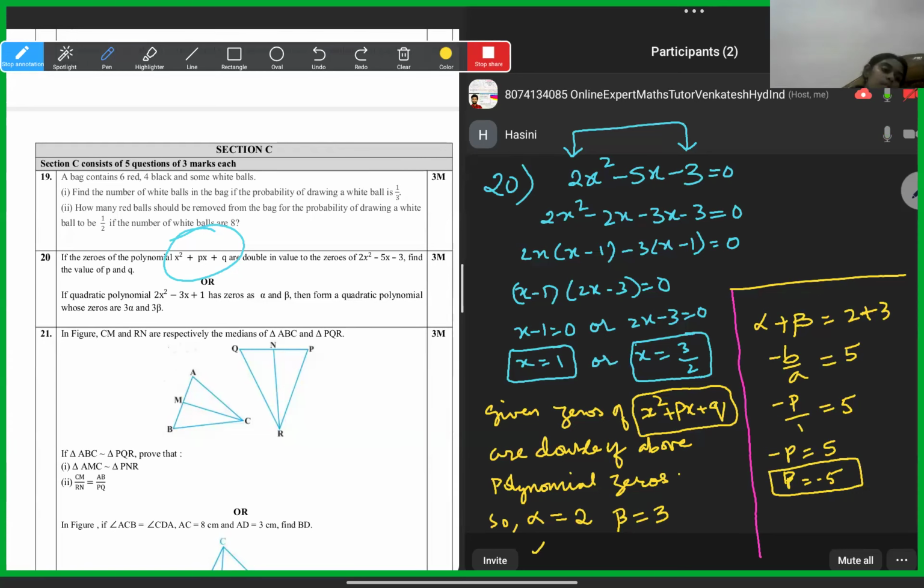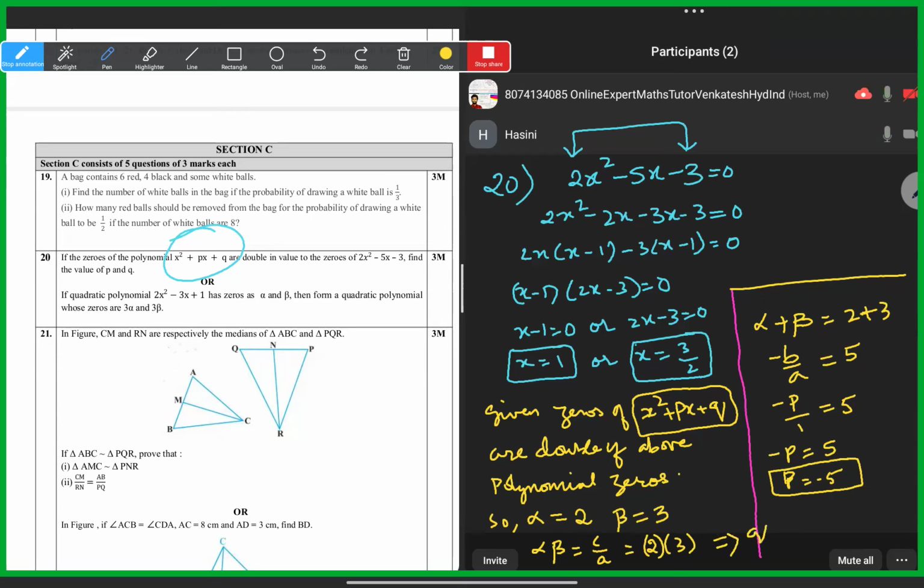Alpha beta is equal to 6. c by a, which is equal to 2 into 3. So c by a means how much? q by 1.